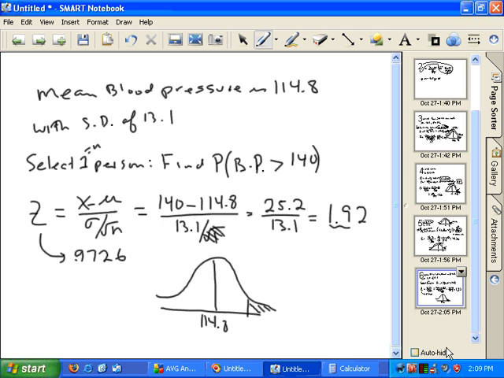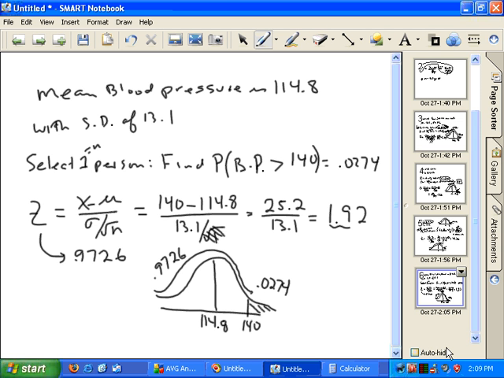We want to know about greater than 140. But the table I'm using only gives area up to a point, from the left up to a point. And that area is 0.9726. So the remaining area is 0.0274. And that's your answer.